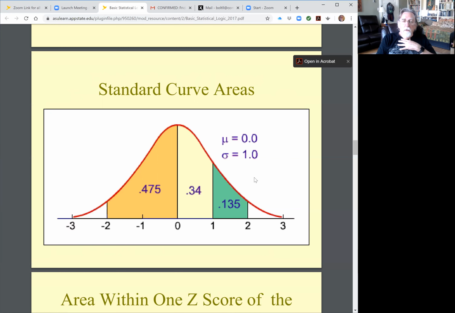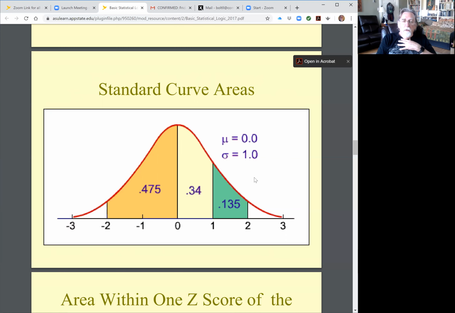Now this becomes very important, because as we talk about what is statistically different, statistically significant from a group, or is the difference between 2 groups significantly different? As we begin to talk about significance, we begin to talk about probabilities.